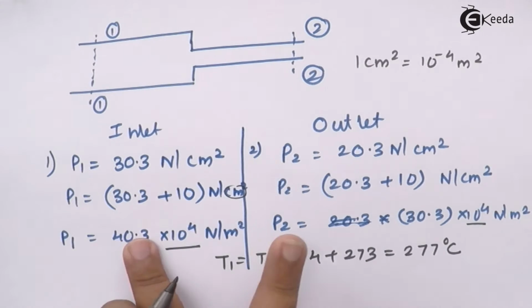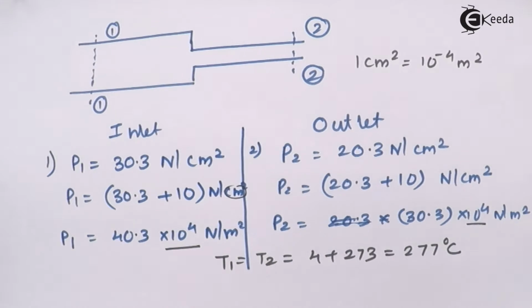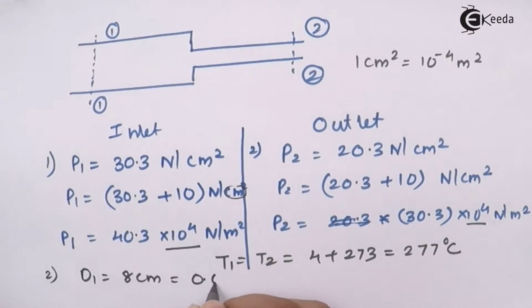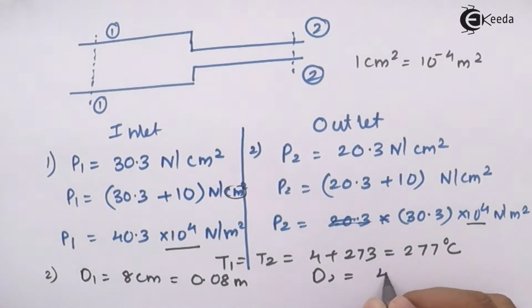So we have calculated the pressures and we have seen the temperature. The next thing we know is diameter D1, that is 8 centimeters, which is 0.08 meters, and diameter D2, that is 4 centimeters, which is 0.04 meter.